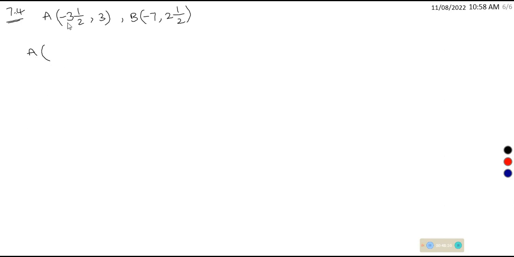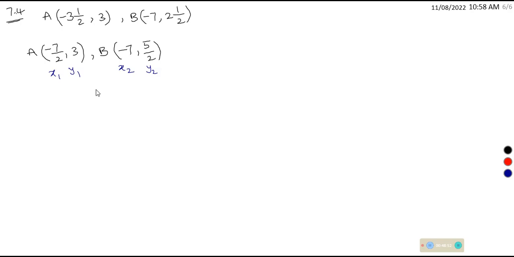A: 3 2s are 6 plus 1, 7, so it is minus 7 by 2 comma 3, and B will be minus 7 comma, 2 2s are 4 plus 1, 5 by 2. Now we got the points in improper fraction form, and we have to find the slope of these two points. These are x1 y1 and x2 y2.